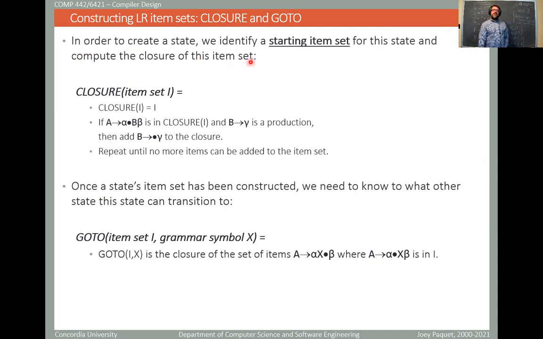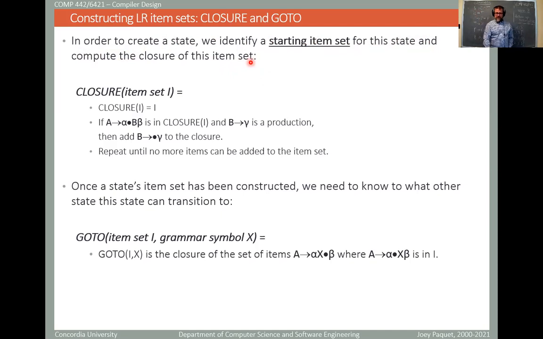So in order to create a state, we identify the starting item set for this state and then compute the closure of this item set. So every time you start on a new state, you will have a starting item set. The starting item set for state 0 is the rule that defines the starting symbol.